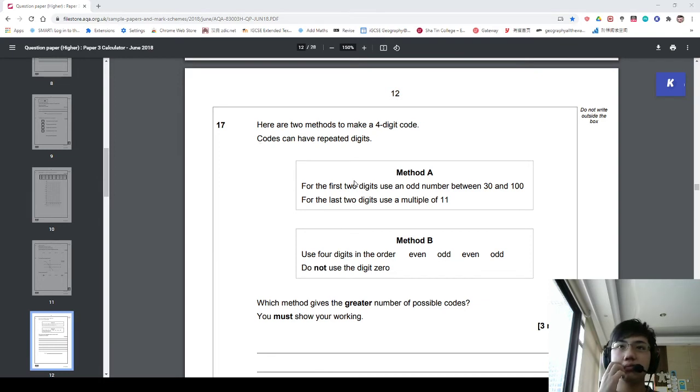So we have 4 digits in total, grouped into 2 units of 2 digits, while method B states that we have to use 4 digits in the order even, odd, even, odd. So 4 digits grouped into 4 groups of 1 digit. And we need to work out the method that gives the greatest number of possible codes. And we must show our working.